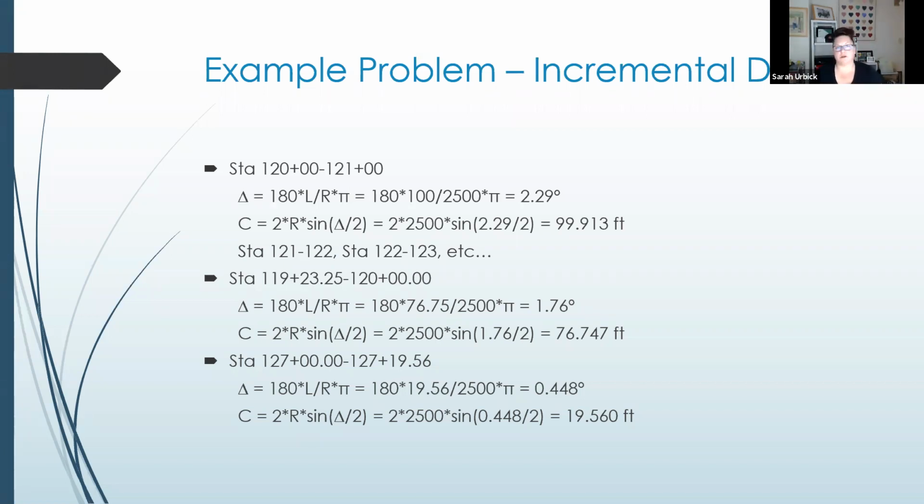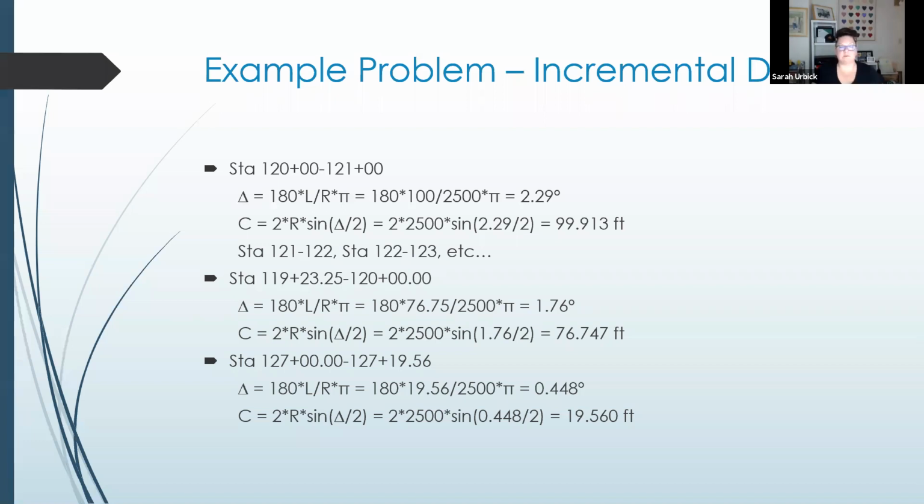How are we going to go about analyzing that? Exactly the same way. Same process. We know what our length is because we have our stationing that gives us that difference. We can find that measurement. We know what our radius is because we were either given that or we've calculated it based on one of our stations.